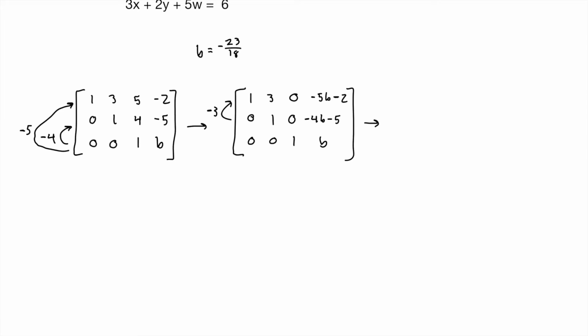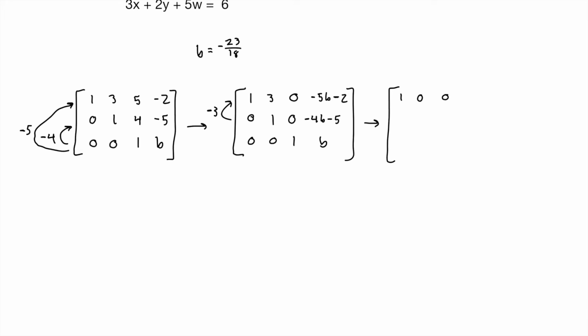And we are going to get 1, and then 1 times negative 3 is negative 3 plus 3 is 0. And then we're going to multiply this by negative 3. And so that's going to be positive 12b plus 15.